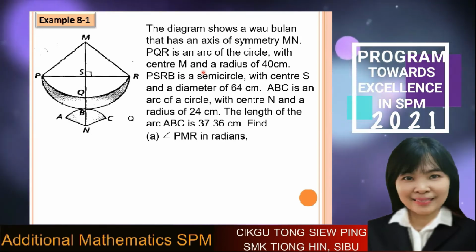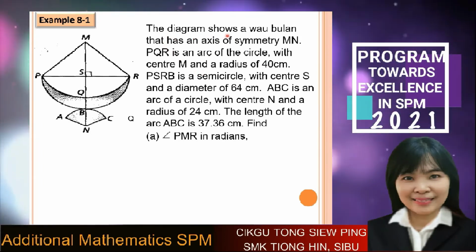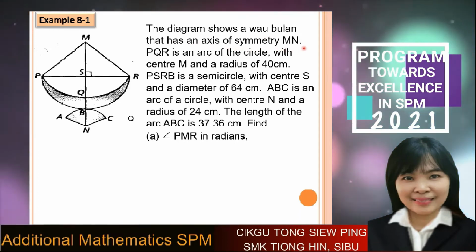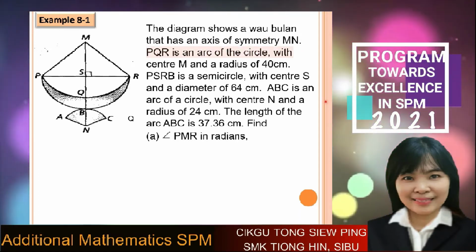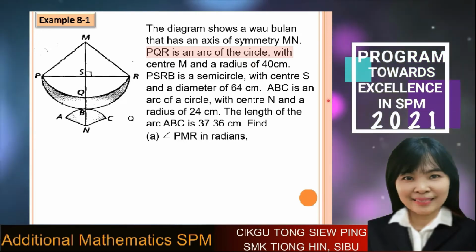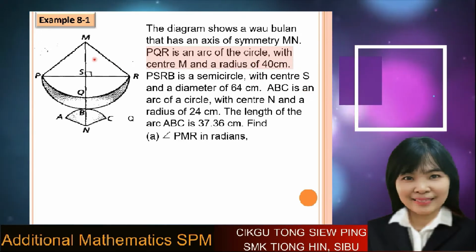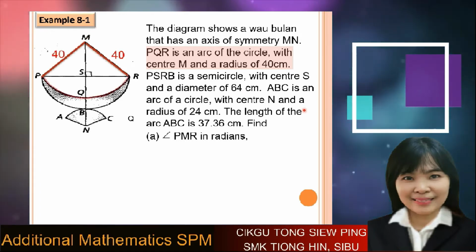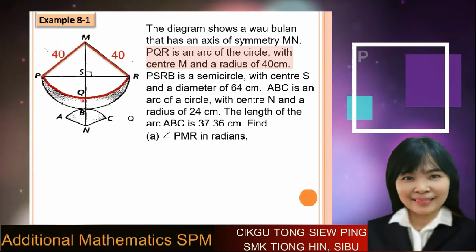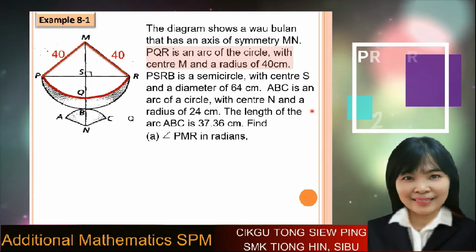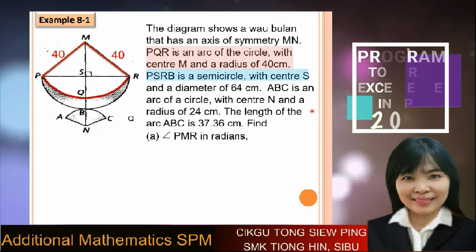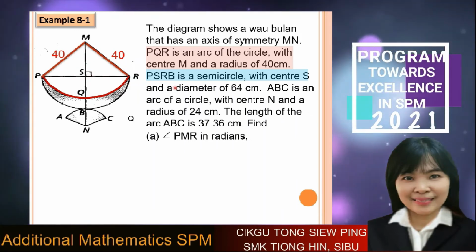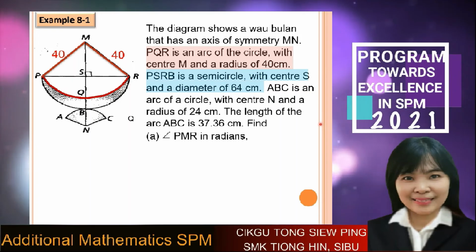Now let us look at example 8. The diagram shows a wall bulan that has an axis of symmetry MN. PQR is an arc of the circle with center M and radius of 40. Center M here, radius 40. And PQR here is the arc of the sector. PSRB is a semicircle with center S and diameter of 64 cm.